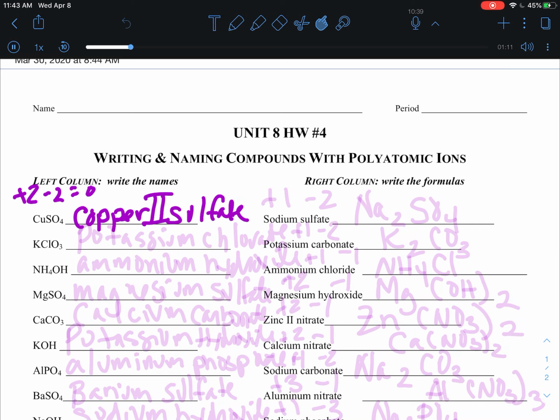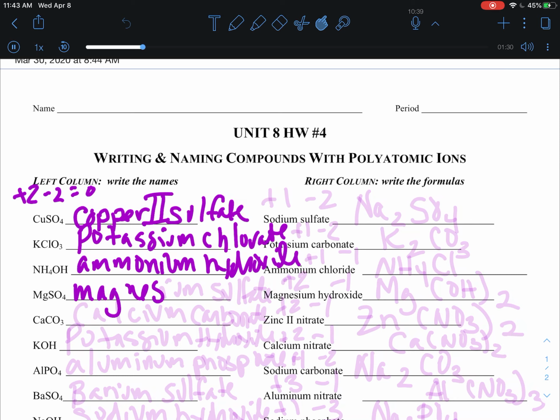Right? This is potassium chlorate, right? Ammonium hydroxide, right?